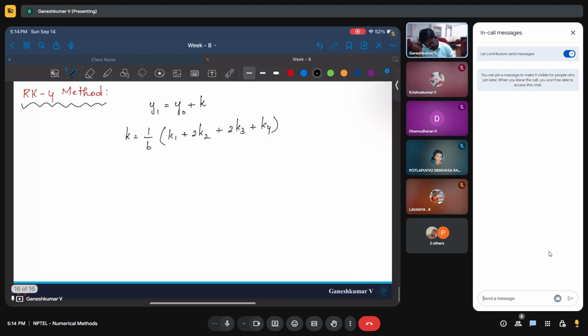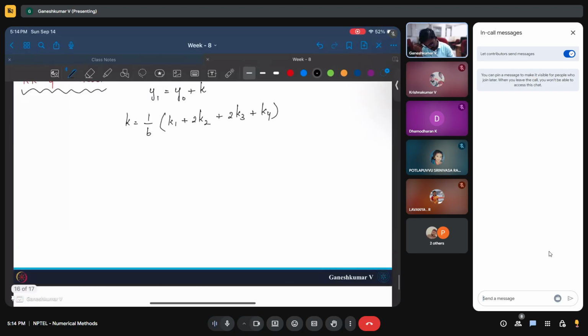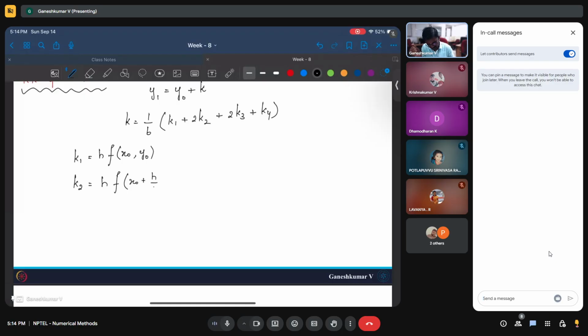Now k1 is the same as the Euler's method K1, which is h times f of x naught y naught, and k2 is h times f of x naught plus h by 2. This is like a half step. While taking a full step, we are also taking a half step in between. So x naught plus h by 2, y naught plus k1 by 2.